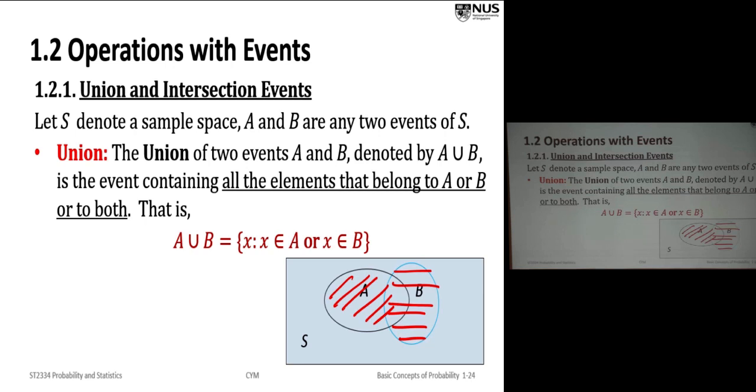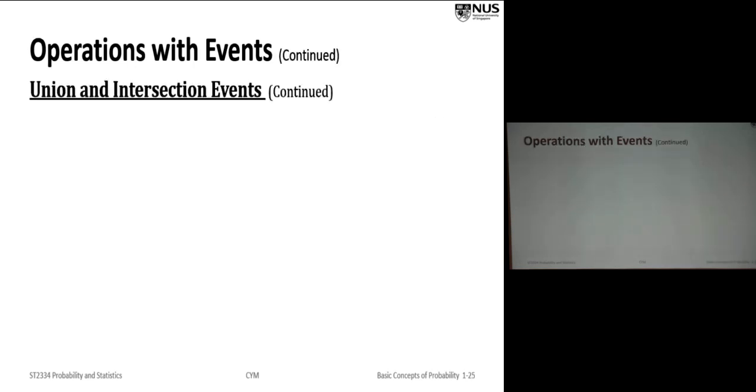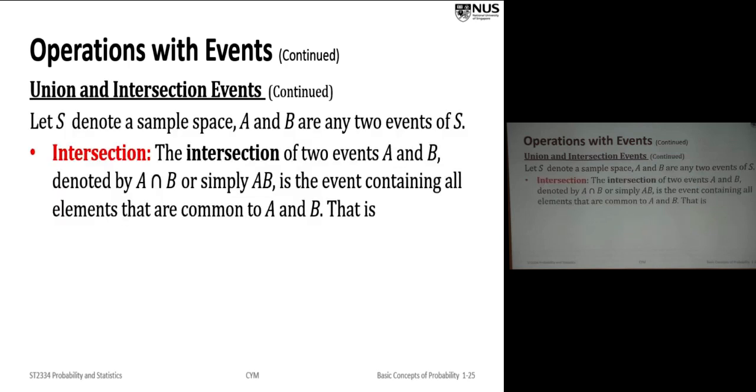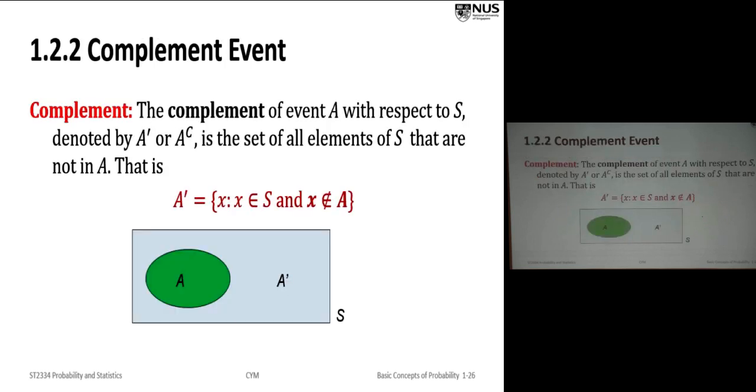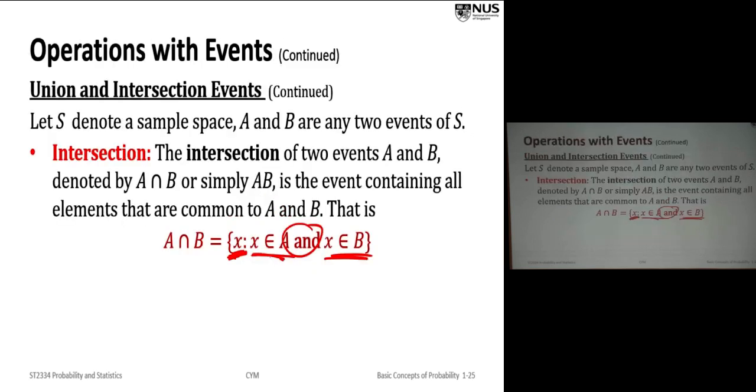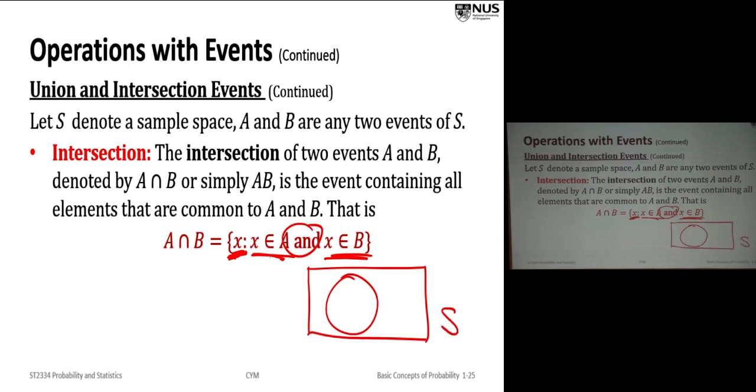And intersection of two events. The elements or the outcomes must be in A as well as in B. First of all, I write down the sample space, all possible outcomes.